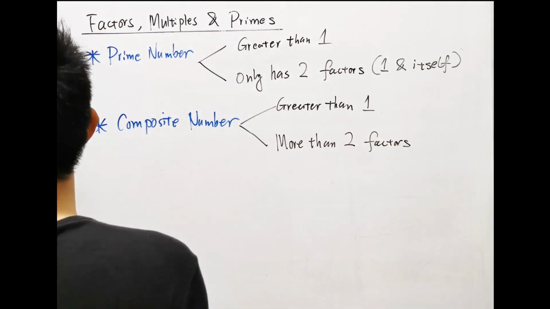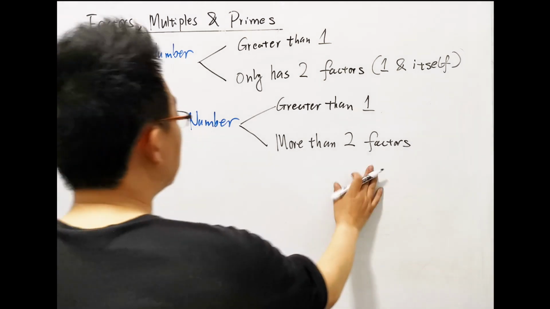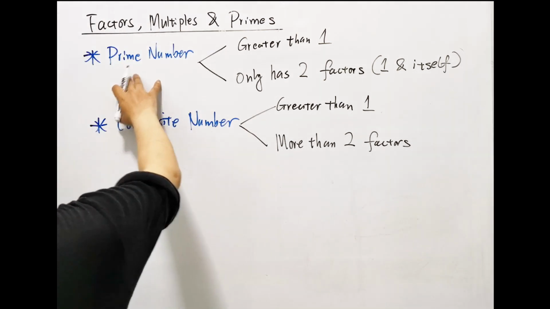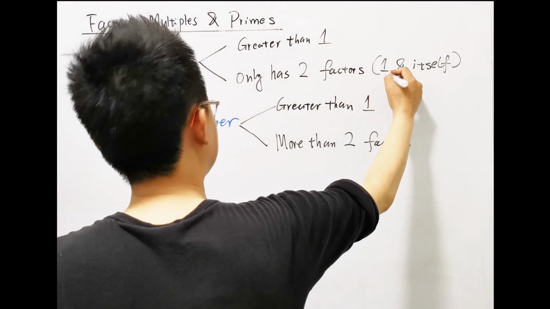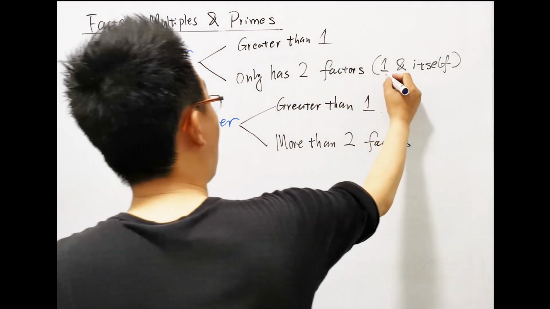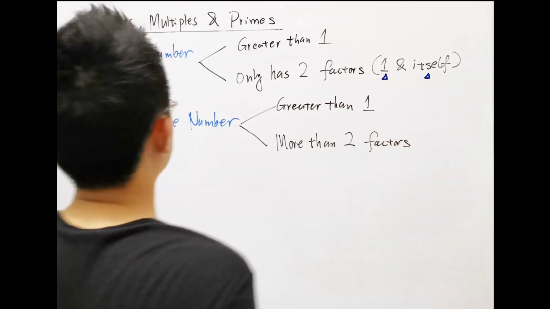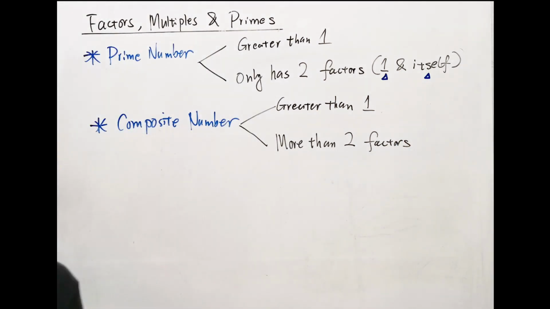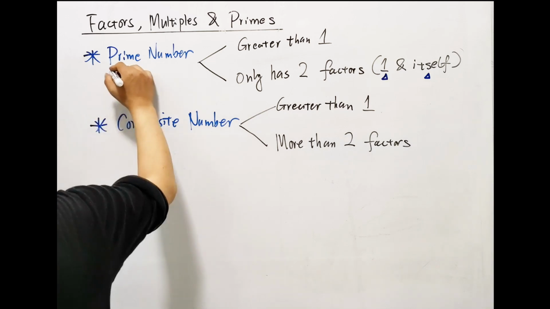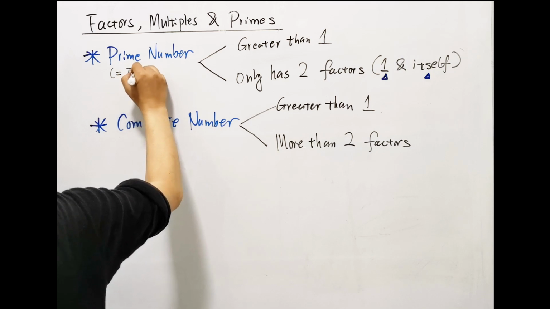So this is very important, right? Just now we already said it's more than 2 factors. Prime number is greater than 1, but it only has 2 factors. The 2 factors are 1 and itself. And there's also a very important concept: prime number, sometimes we also call primes.